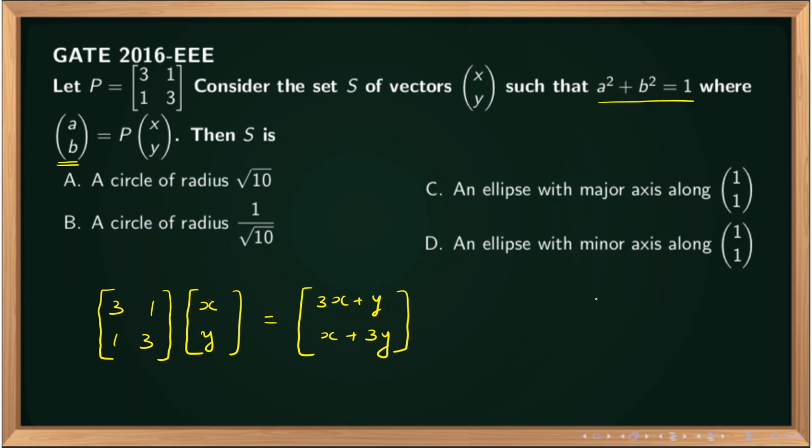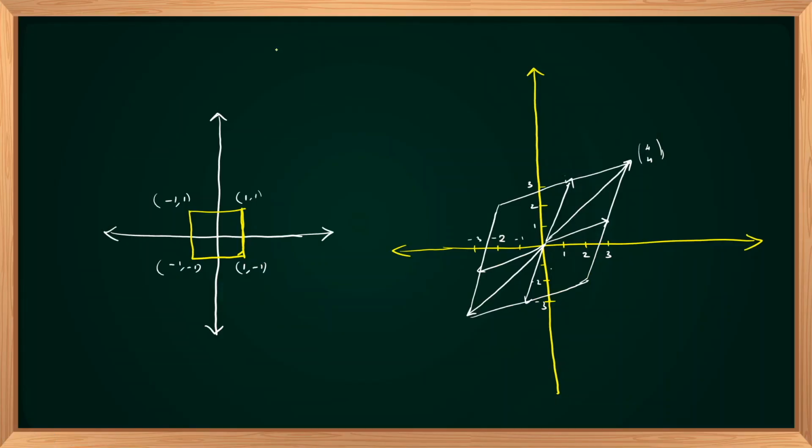For example, suppose I consider a unit square of length 1, and this point will be (1, 1), and we'll check what transformation this matrix does on that particular square. Also, correspondingly, we can check for these squares in all quadrants, and if we know how the matrix transforms this square, we'll get an idea about what this transformation does generally to any figure, right?